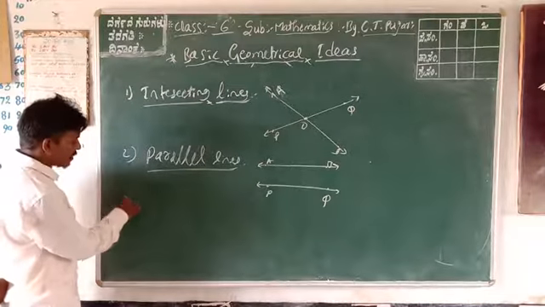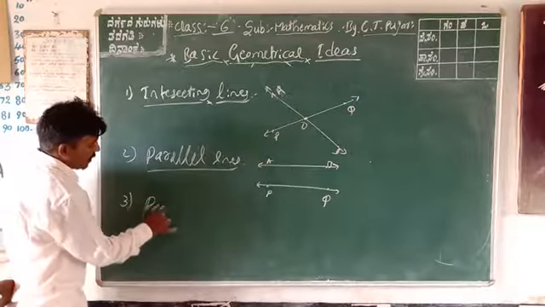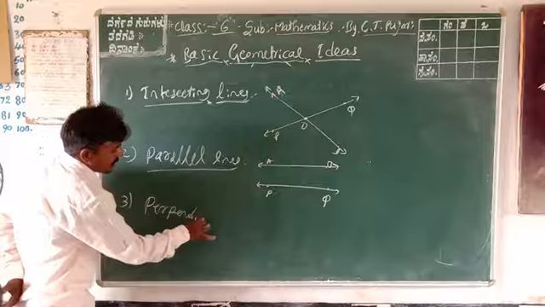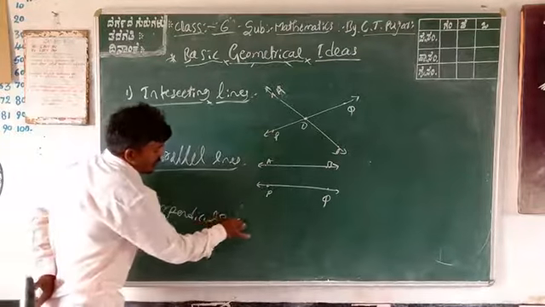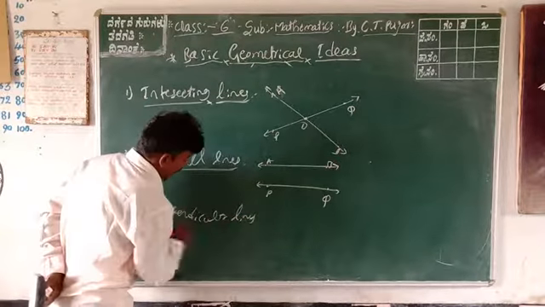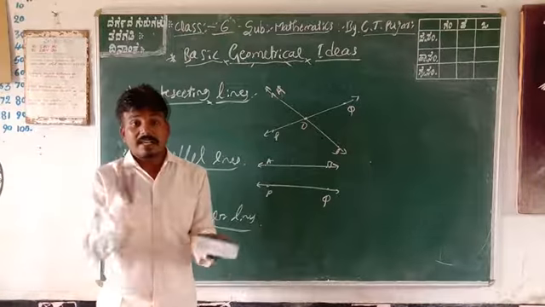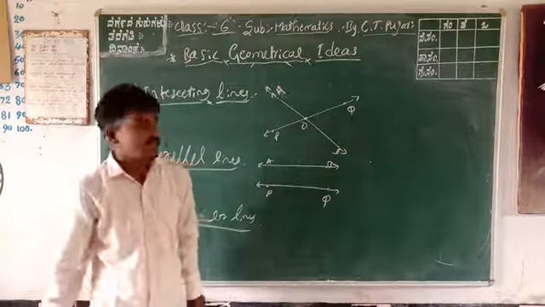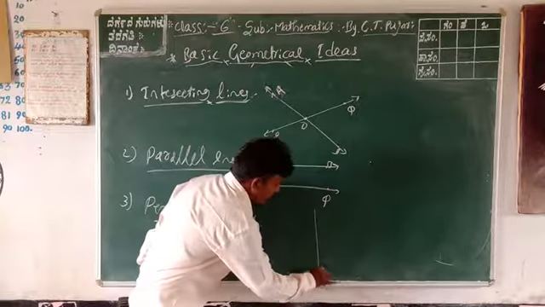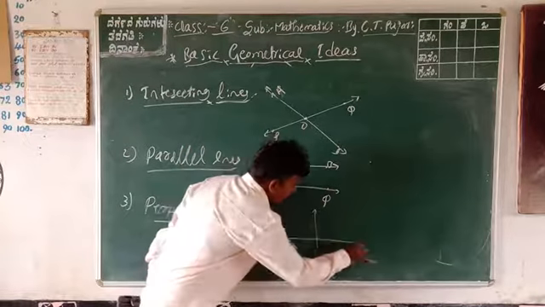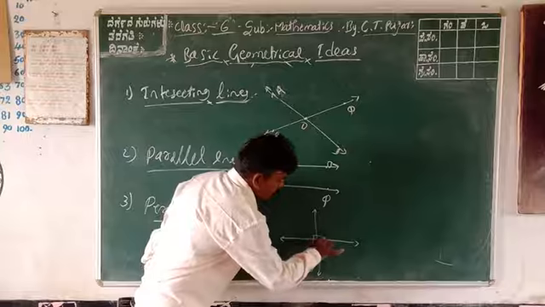The next one is perpendicular lines. What are perpendicular lines? Perpendicular lines means two lines intersect perpendicularly. Perpendicular means 90 degrees.